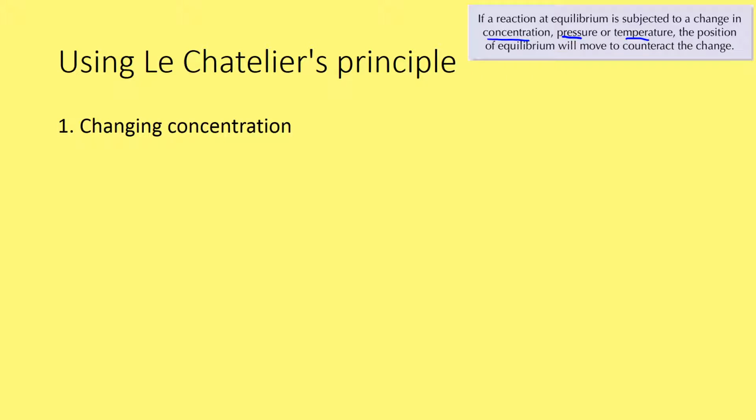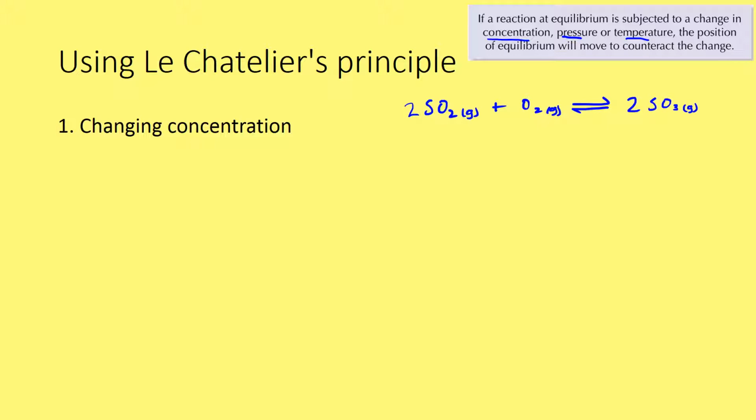So first of all, let's consider what happens when we change concentration, using a real reaction. Let's pick the sulfur dioxide reaction, where we start with 2 moles of sulfur dioxide gas, and that's going to react with a mole of oxygen gas, and that's in equilibrium with its product, sulfur trioxide.